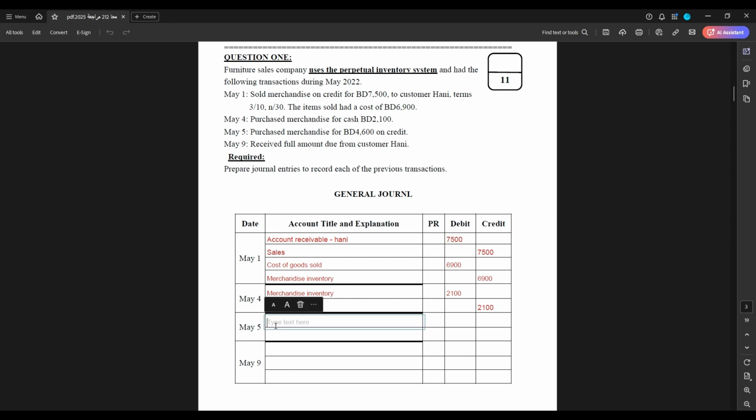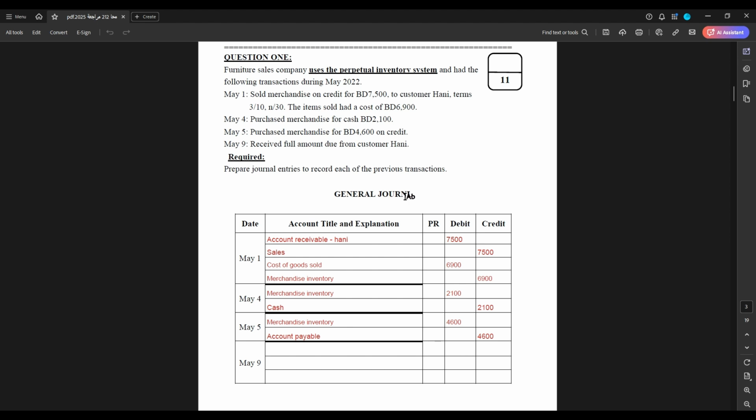So debit merchandise inventory for 4,600 and credit accounts payable 4,600 on credit.